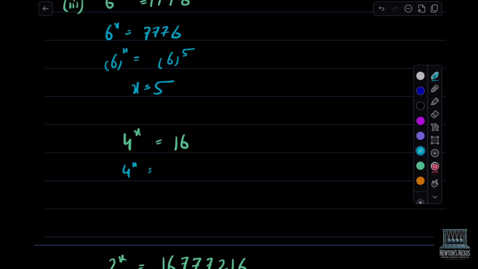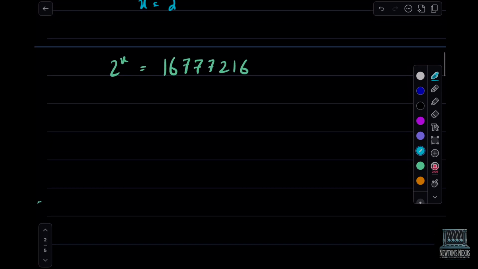Well, we can also write it as 4 raised to the power of 2, and x is equal to 2. Easy peasy. Then 2^x equal to 16777216. Well, it took me a while to catch that. So 2^x is equal to 2 raised to the power of 24, and x is equal to 24.